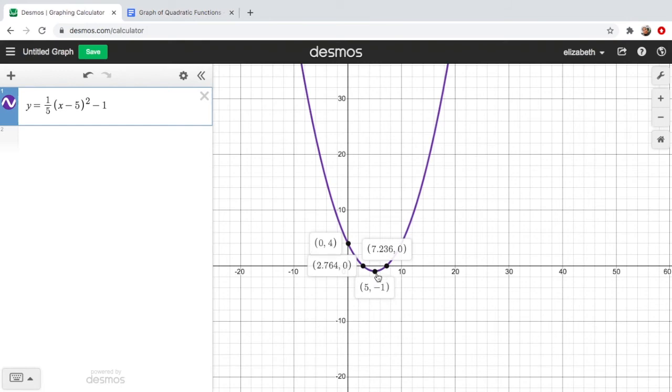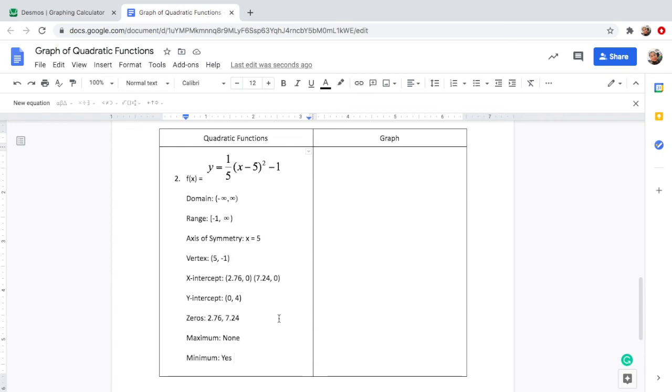And again, the vertex is 5, -1, and it has a minimum value at -1. The minimum value, again, is your y-coordinate, so therefore y equals -1.